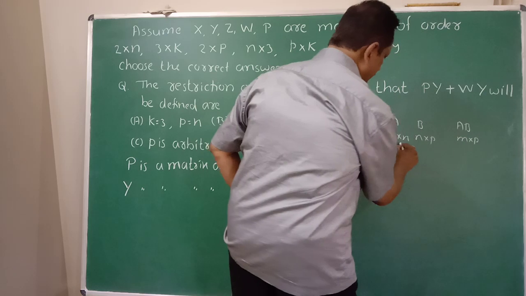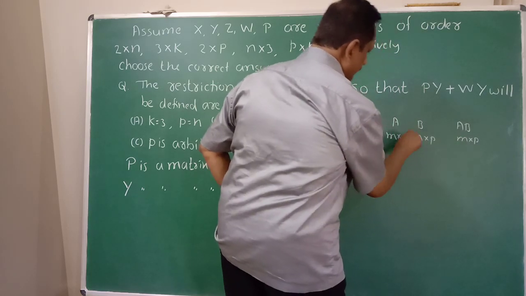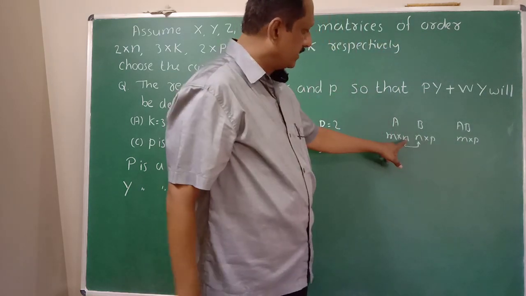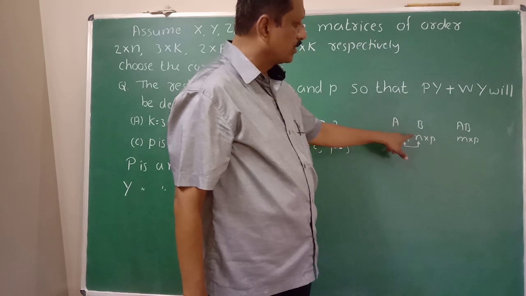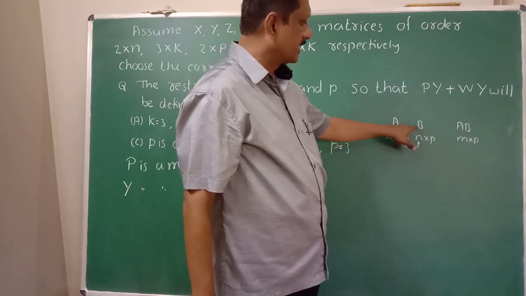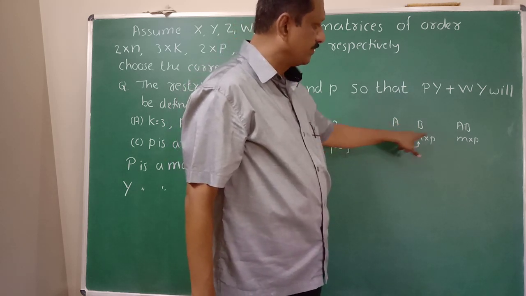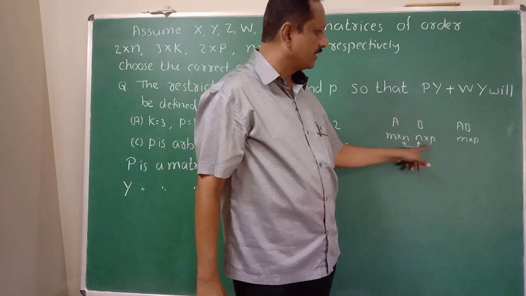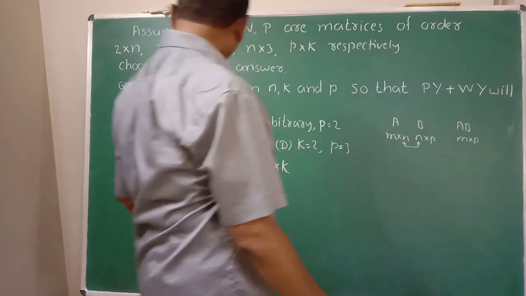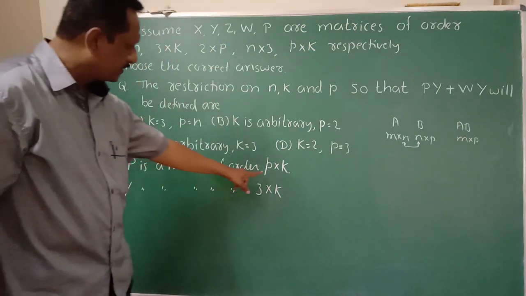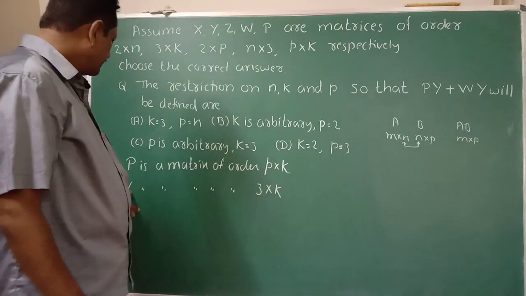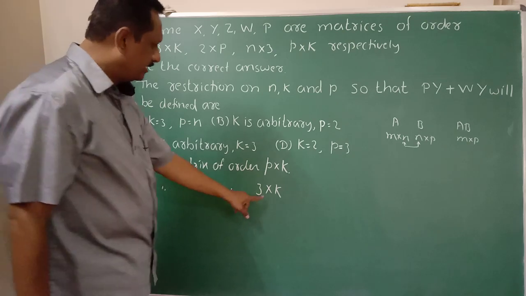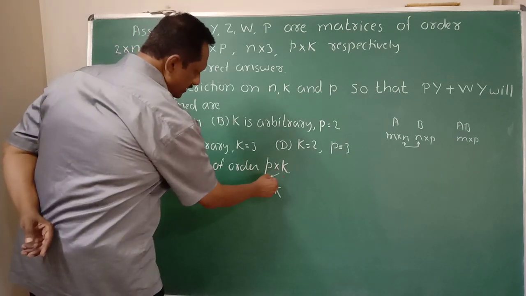If the number of columns of the first matrix is equal to the number of rows of the second matrix, then only the product is defined. Then after multiplication you will get a matrix of order m into p. So here P is a matrix of order p into k and Y is a matrix of order 3 into k. Therefore these must be equal here.